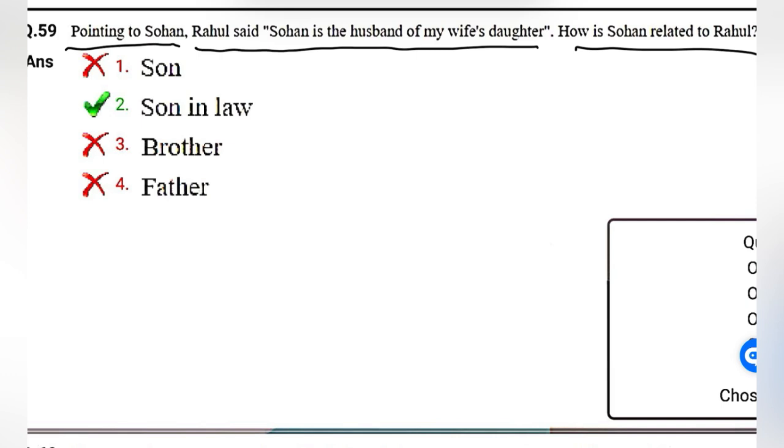Pointing to Sohan, Rahul said, Sohan is the husband of my wife's daughter. How is Sohan related to Rahul? Let's take Sohan first.